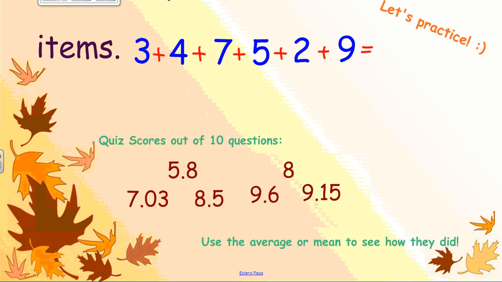Then use the average or mean to see how well they did. Go ahead and do this on your own. Think back what you need to do when you're adding decimals together. And also, this would be a great opportunity to practice dividing decimals. Pause the screen, try the problem out, and then let's check over your work.